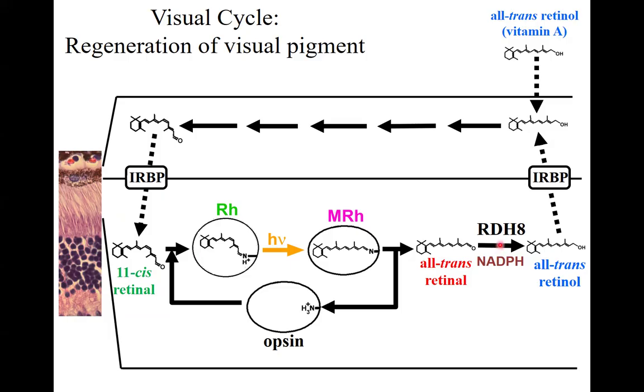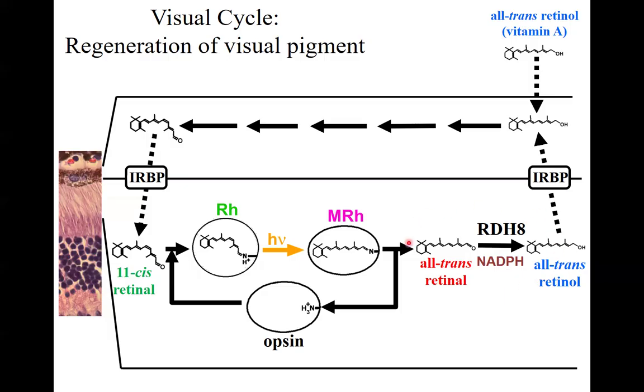This reaction is catalyzed by RDH8, retinol dehydrogenase 8, and uses NADPH as a cofactor. With bright light, there is a lot of all-trans retinal being released and a lot of all-trans retinol being formed. The metabolic machinery of the cell has to keep up with this, so it has to keep providing NADPH. And we will see that it does that.